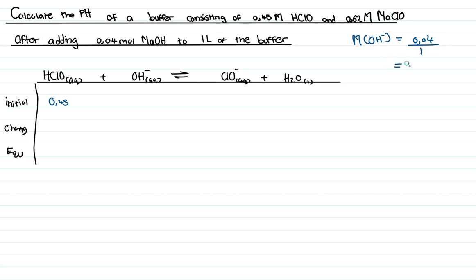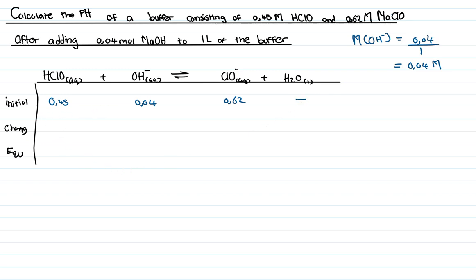So the concentration basically is 0.04 molar. So we added 0.04 molar, and then the initial concentration of the conjugate base of the weak acid is 0.62, and we have nothing for water.